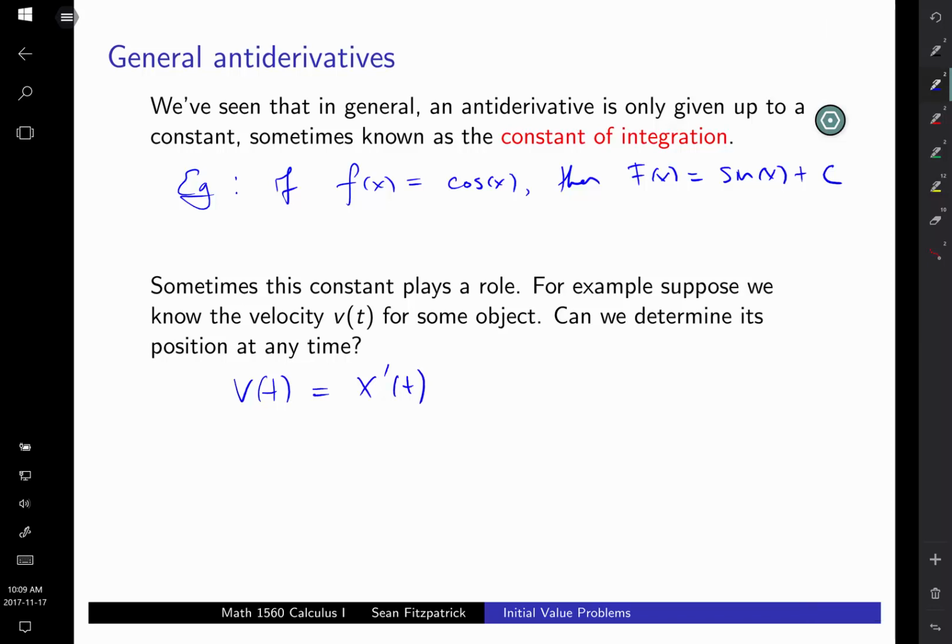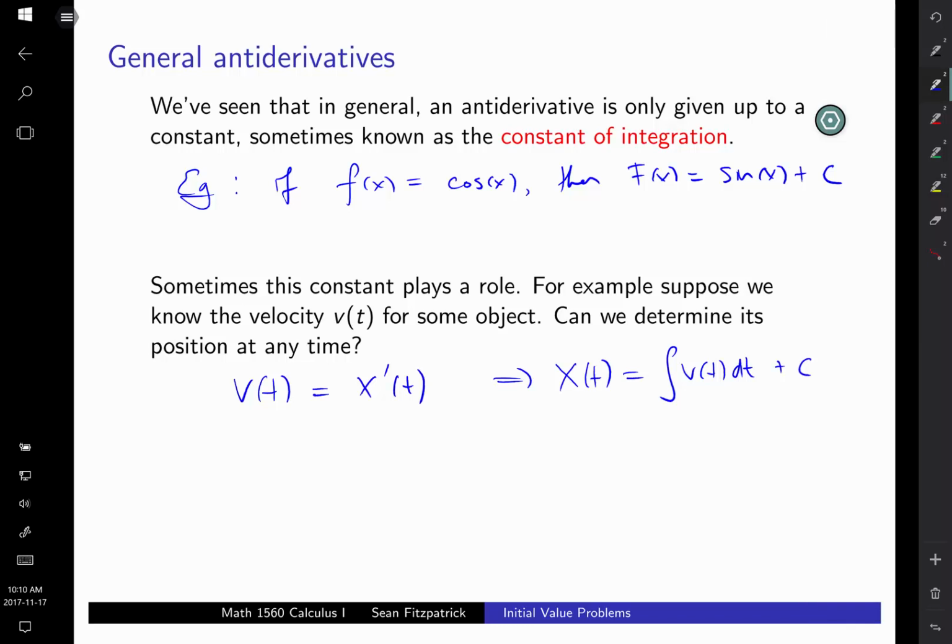So if I can determine the antiderivative for v, well, that gives me, let's use this indefinite integral notation, I could write something like this. Well, the position as a function of time would be the integral of v with respect to t. But I really only have that up to some constant. I don't know what the constant is.